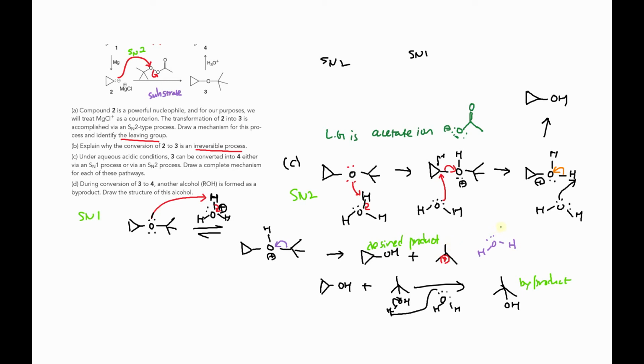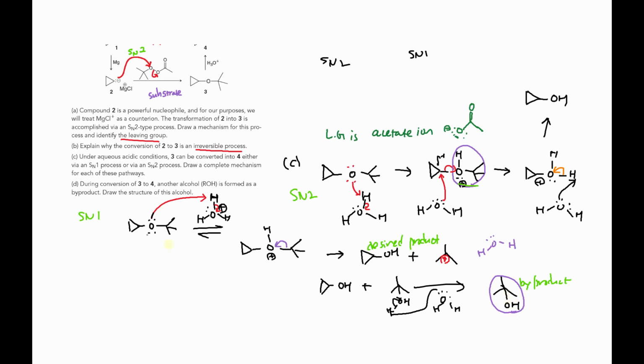And the same thing happened in our SN2 as well. I didn't draw that. I just ignored this part where it just got clipped off. So you see the similarity here. You see that this part corresponds with this part.